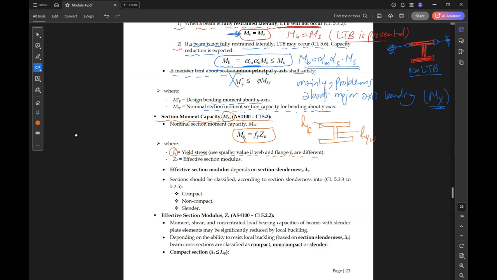So if you have two values of F yield for one member, you take the smallest value. ZE is the effective section modulus, which can be found from the capacity tables. So we will have a look at the capacity tables now. The effective section modulus ZE depends on the section slenderness lambda s.